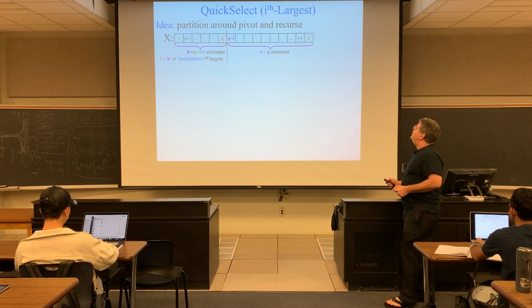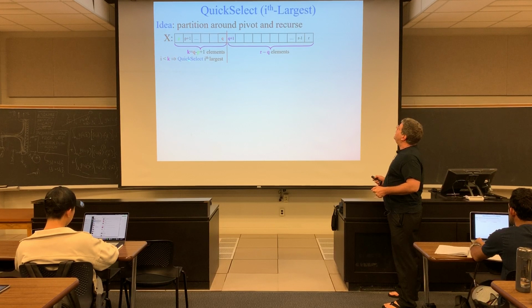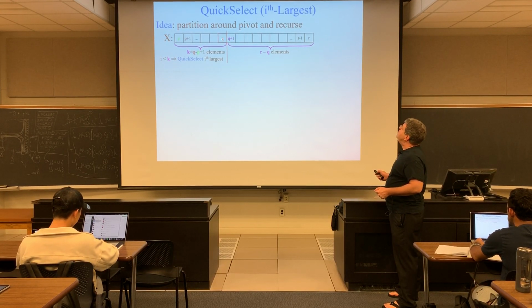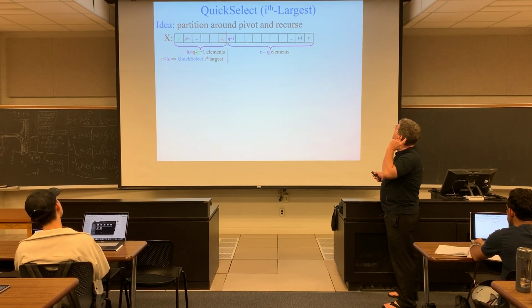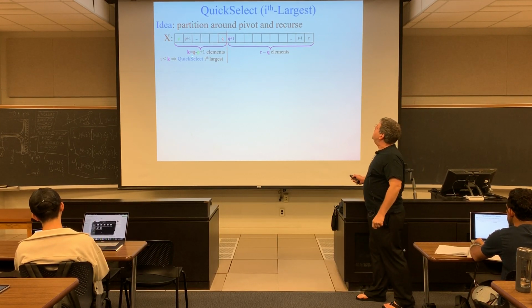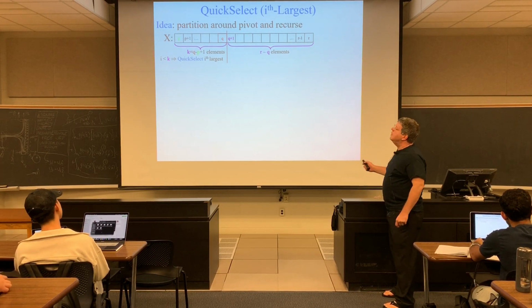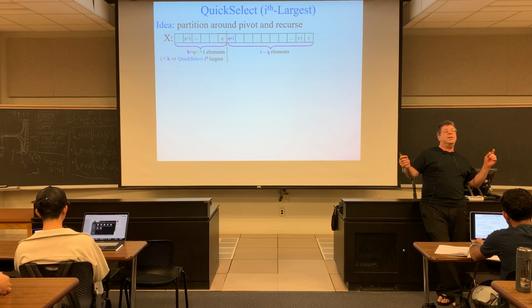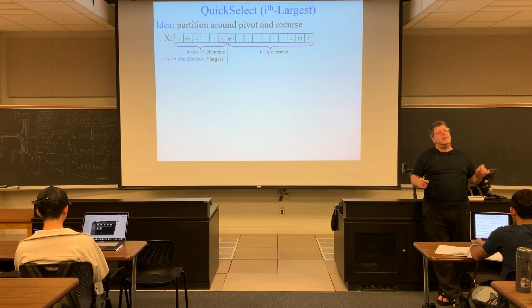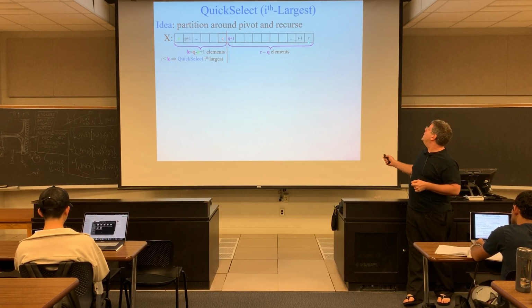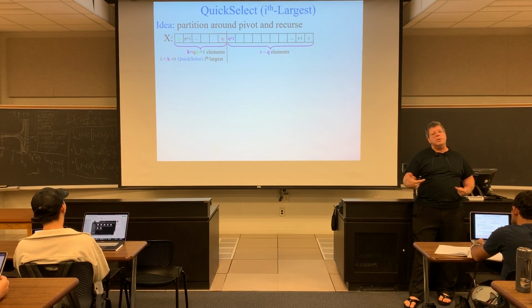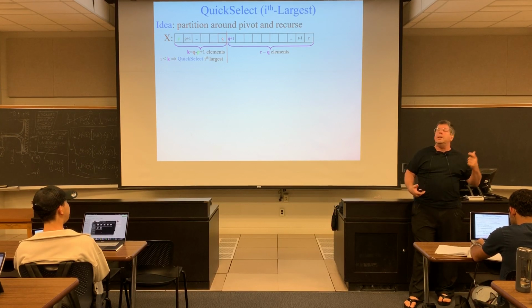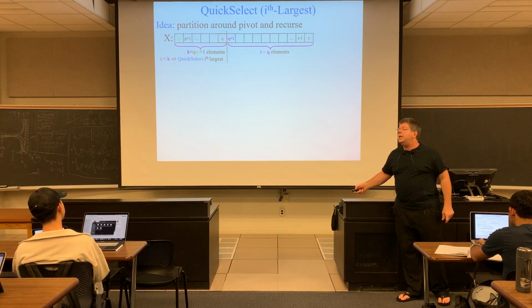Let's say the index of this pivot is k. So the array goes from P to R. I deliberately don't do it from 1 to n because we're going to have to recurse on these pieces. So at the beginning, P is 1 and R is n. But later, as we recurse on smaller or arbitrary pieces of the array, P and R will be different values.